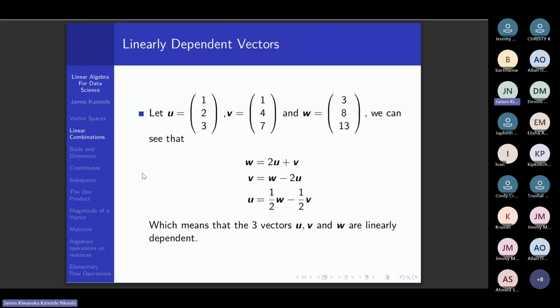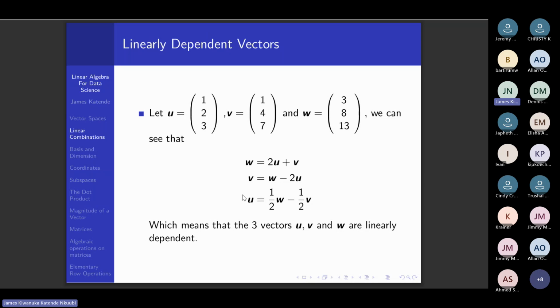So we say that a set of 3 or more vectors will be said to be linearly dependent if one of them can be written as a linear combination of the remaining vectors in the set. In this case, we have 3 vectors, u, v, and w. If you pick w, you can check that it can be written as a linear combination of u and v, which is 2u plus v.